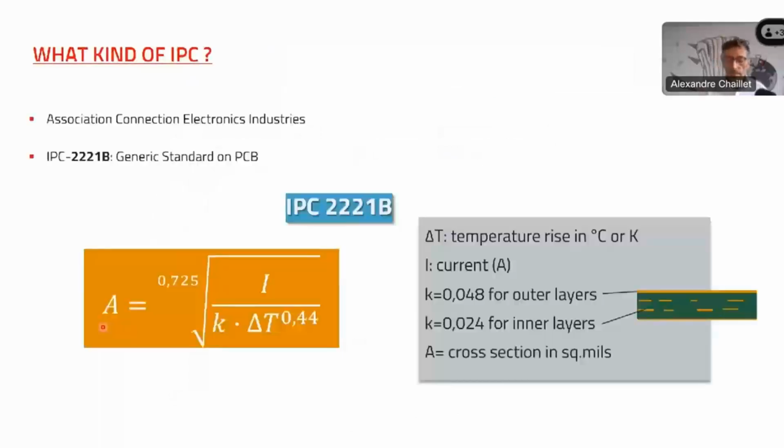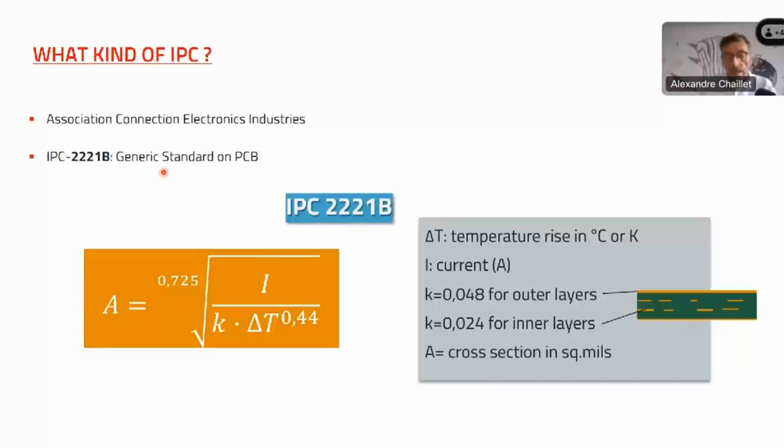That's quite easy. But there is another standard, that probably most of you know, IPC 2221, because it has a lot of design details for the PCB. It's called the generic standard on PCB. You can find current, material, creepage, clearance, a lot of different things.